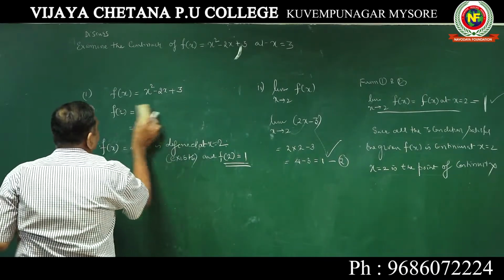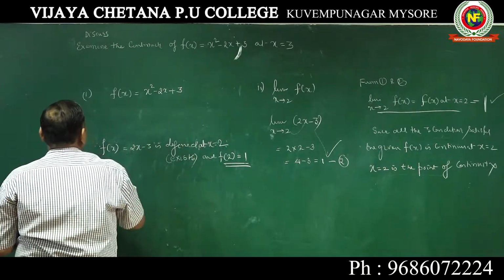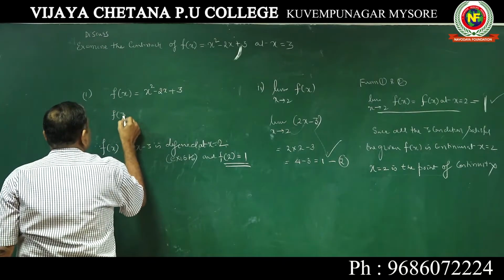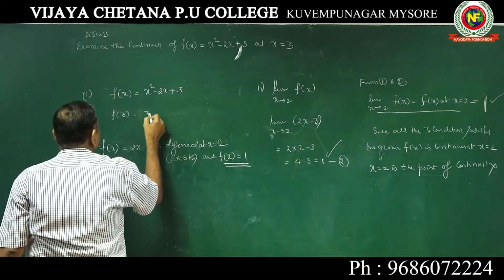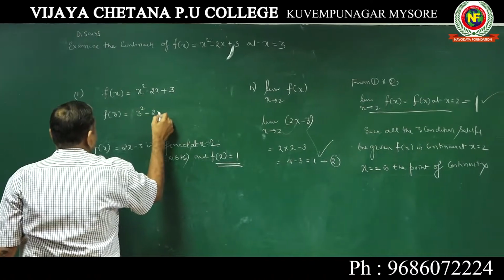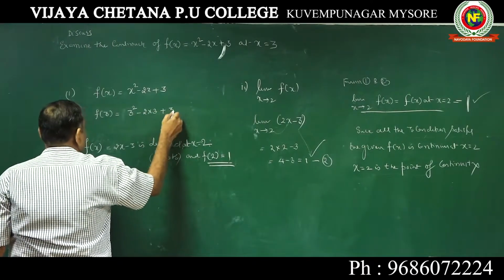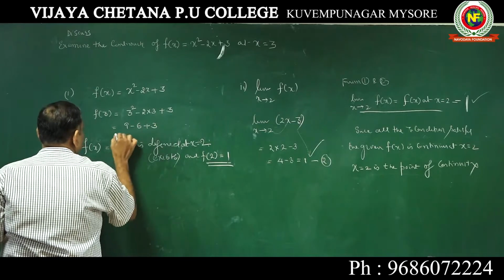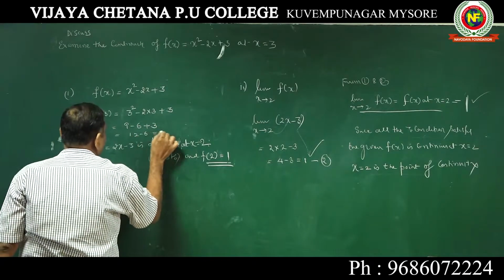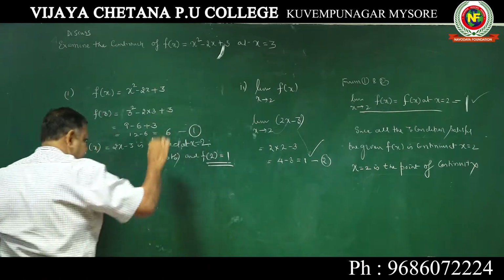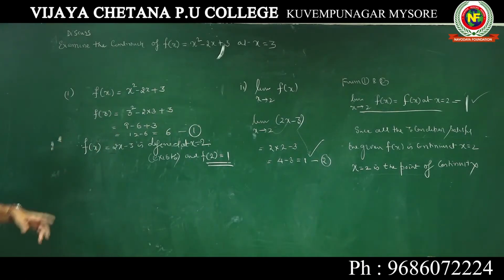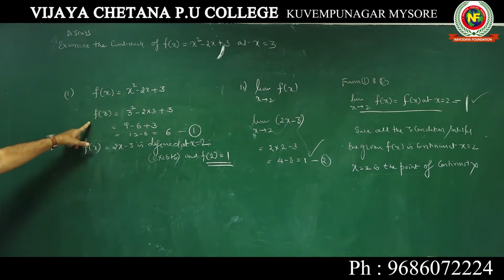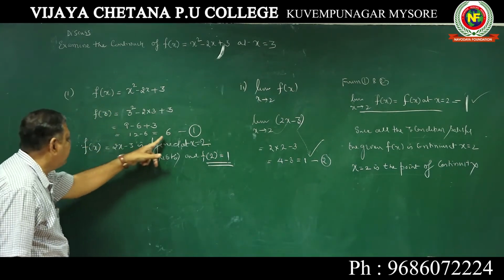Calculate f of 3. It is defined at x equal to 3. It is 9 minus 6 plus 3, 12 minus 6, so it is 6. Understood? f of x is given, find f of 3. It is defined, f of 3 value is given.